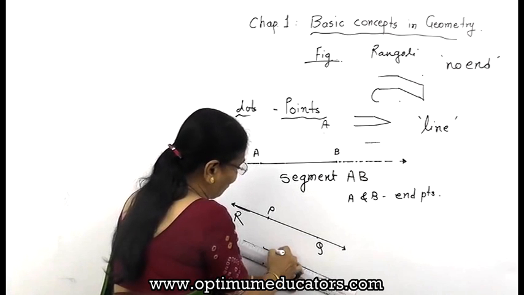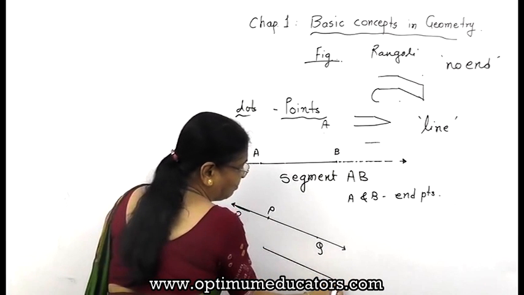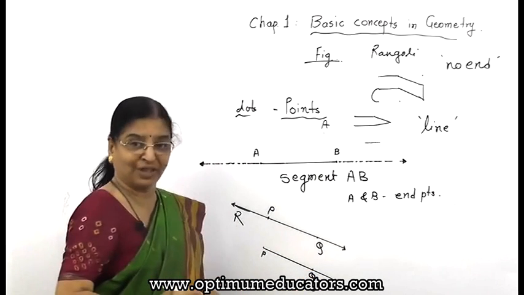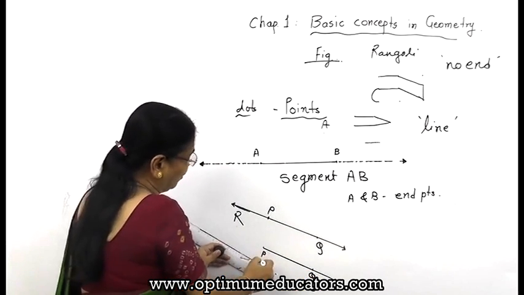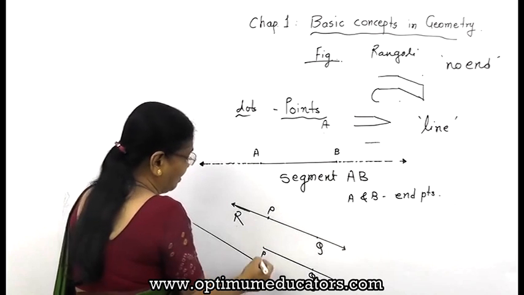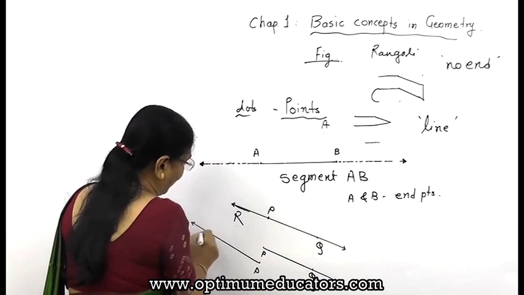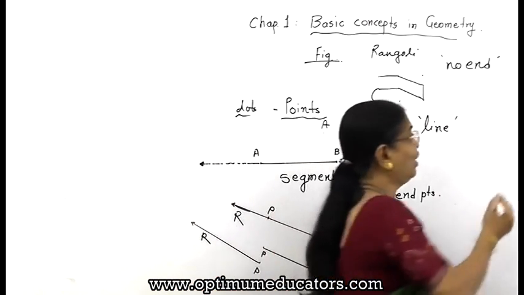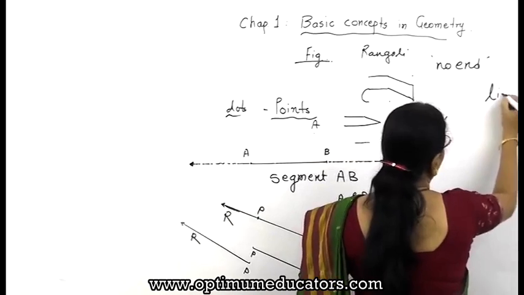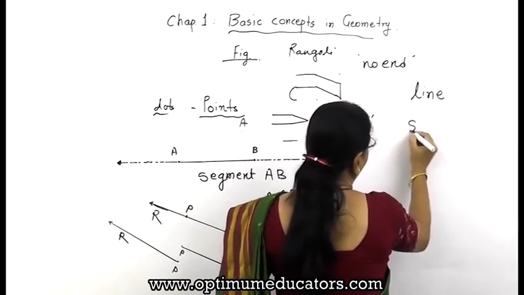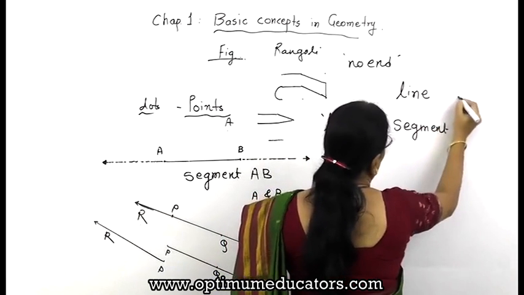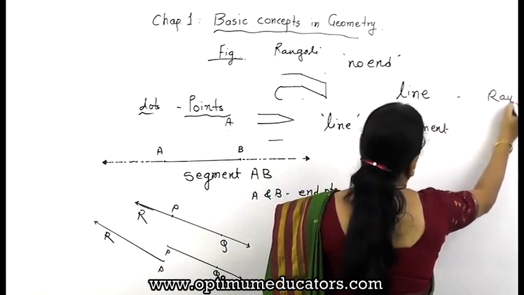One ray from point P to Q, this is the direction of this ray, and the one that goes from point P towards R. Now we are in a position to find the difference between a line, a segment and a ray.